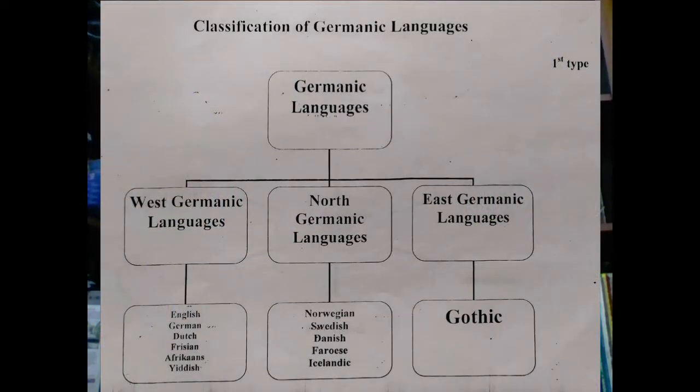North Germanic languages include Norwegian language, Swedish language, Danish language, Faroese language, and Icelandic language. Norwegian language is spoken in Norway. Swedish language is spoken in Sweden and Finland. Danish language is spoken in Denmark, mainly, and in Greenland.